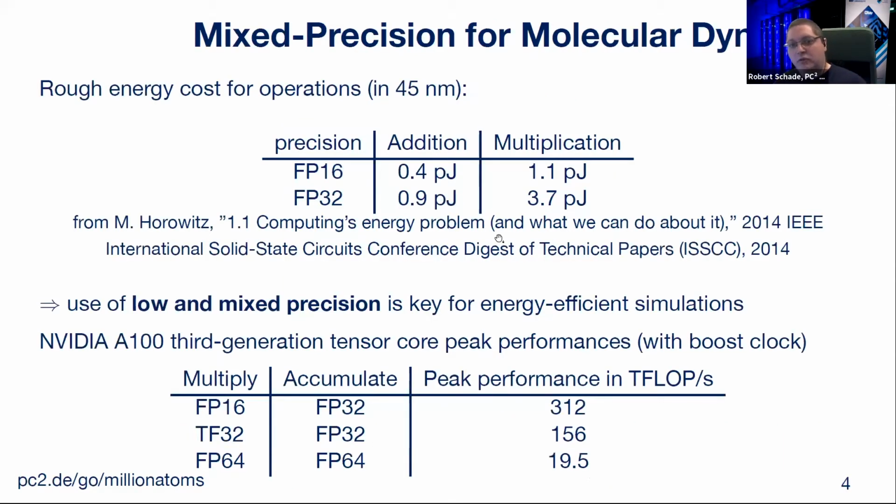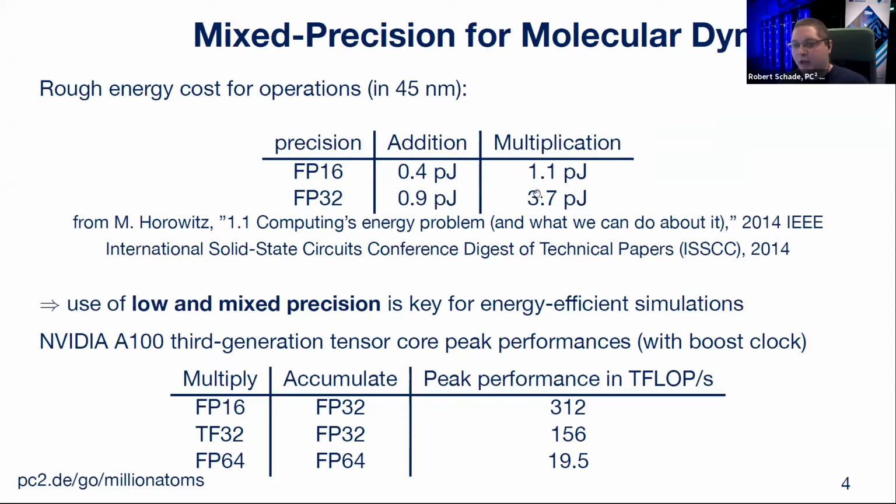So why do we actually need mixed precision for these molecular dynamics calculations? Here on the slide, you can see in the above table the estimated energy cost for operations, in this case in a 45 nanometer process for half precision, so FP16. The addition is given as roughly 0.4 picojoules, whereas in single precision, so FP32, it's already estimated to be more than double that.